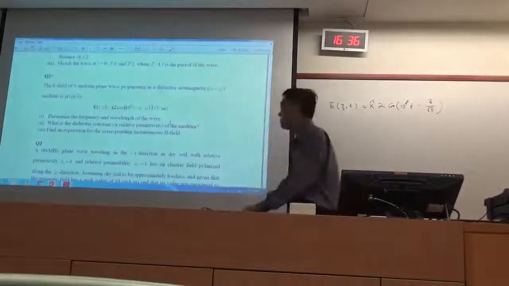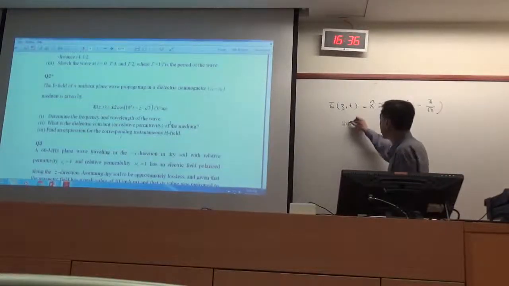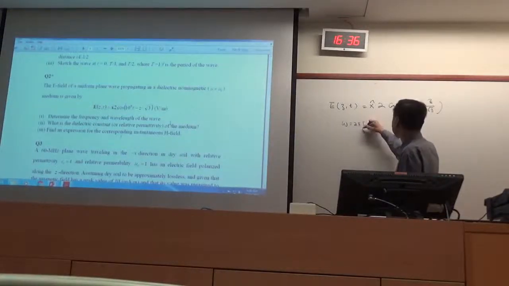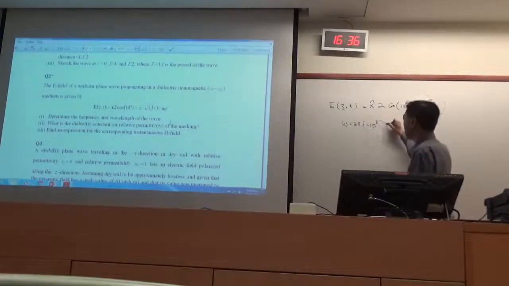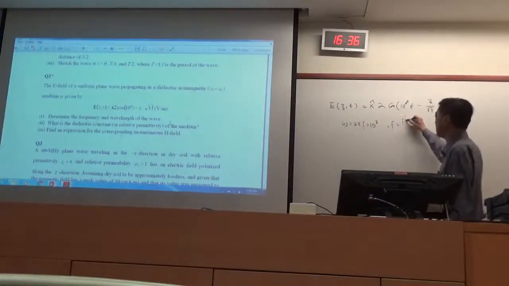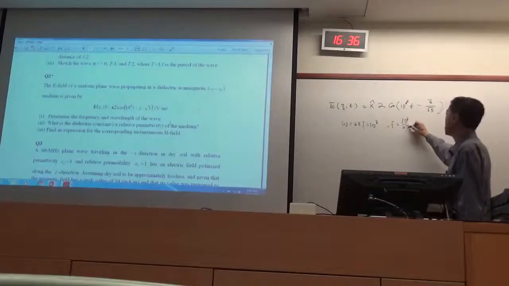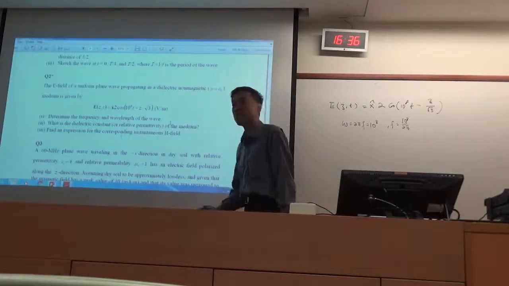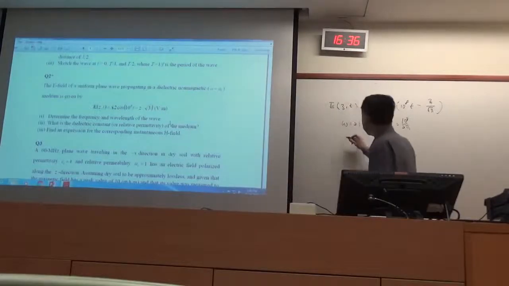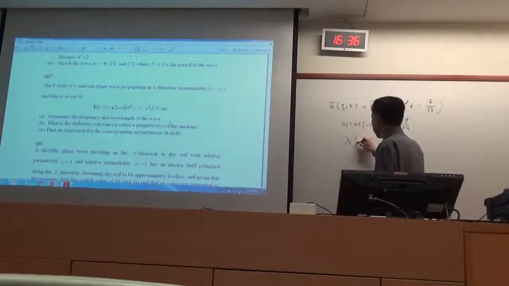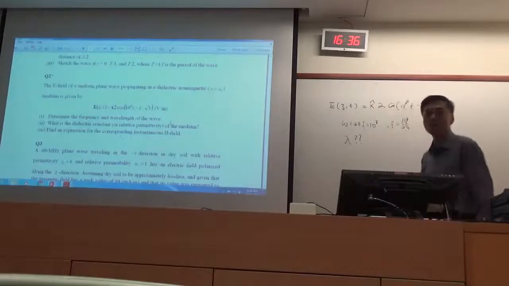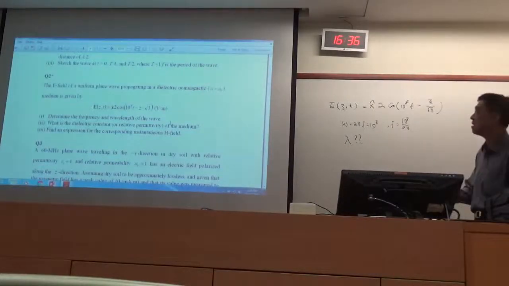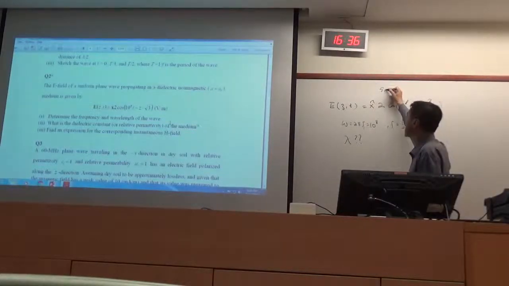Well, it's so simple. Okay, omega is equal to 2 pi f is equal to 10 to the power of 8. So frequency f is 10 to the power of 8 divided by 2 pi. Wavelength, or what is the wavelength? Remember, now there is a dielectric of epsilon r.